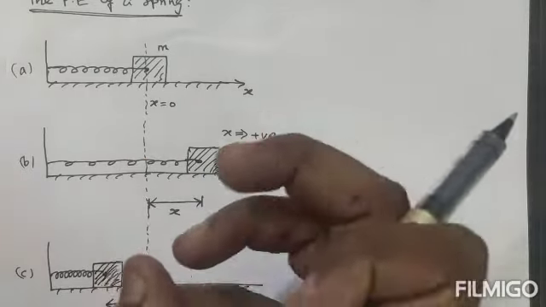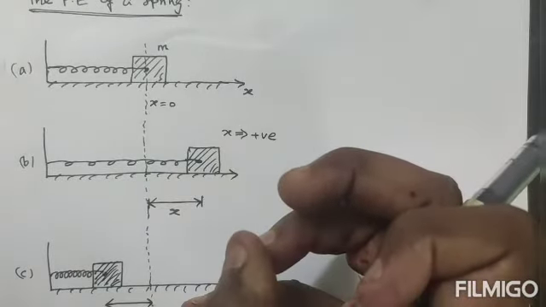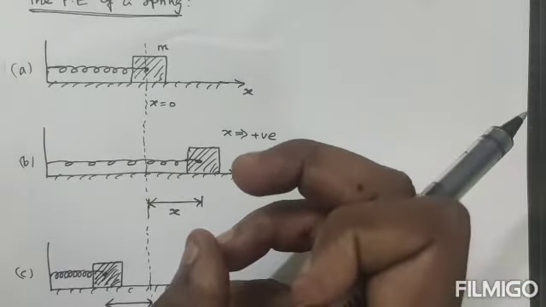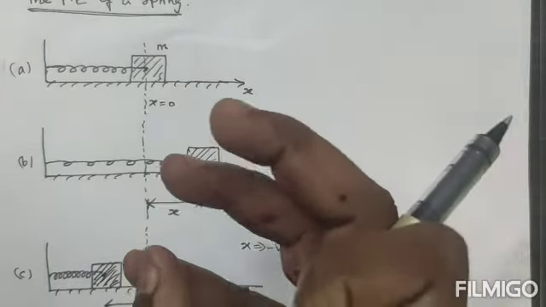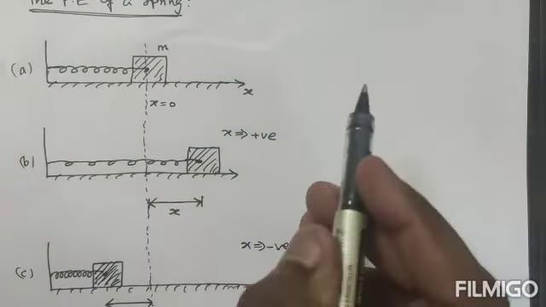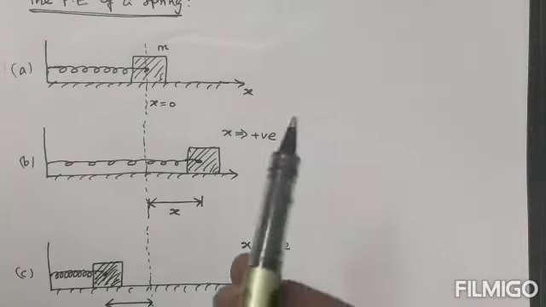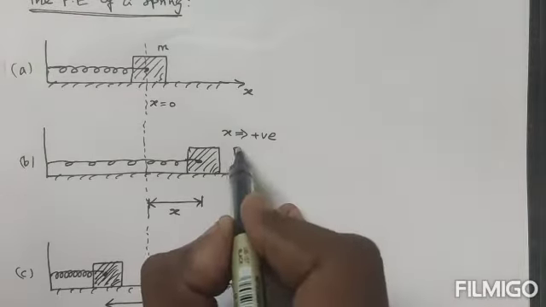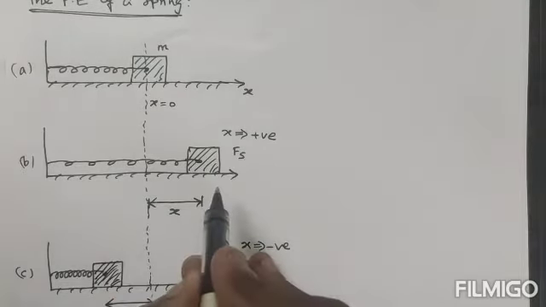While we pull the mass in the x direction, at the same time the spring exerts some force. The force produced by the spring is opposite to the displacement direction.